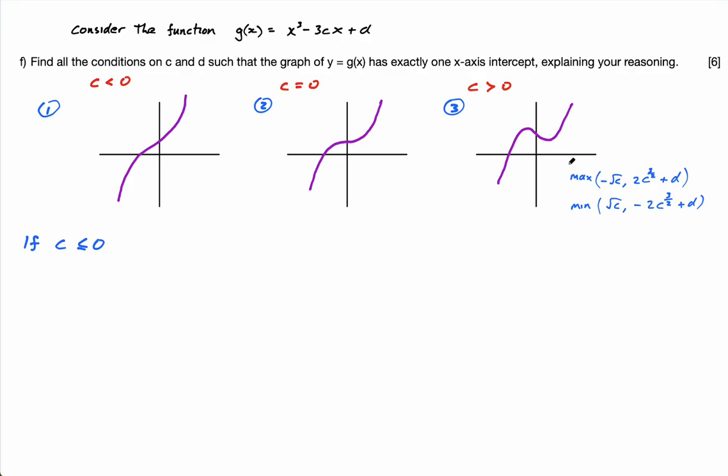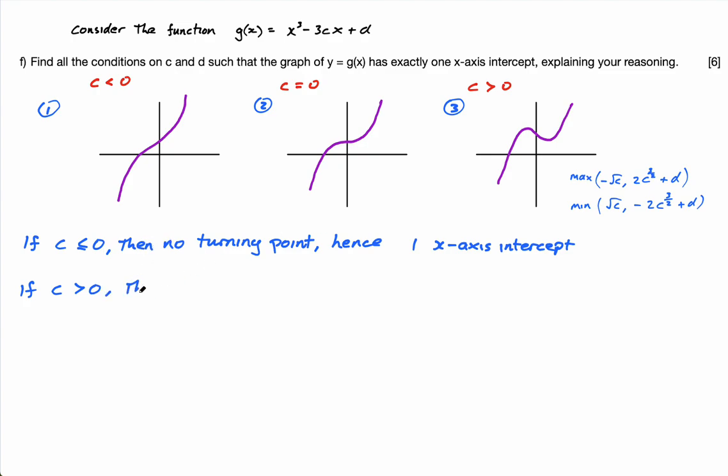Now the graphs certainly can help to explain the reasoning, but even if you don't have the graphs, you can say if c is less than or equal to 0, then no turning points, hence one x-axis intercept.